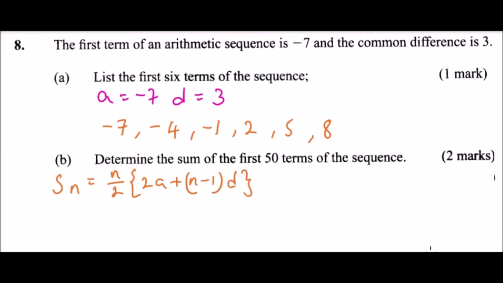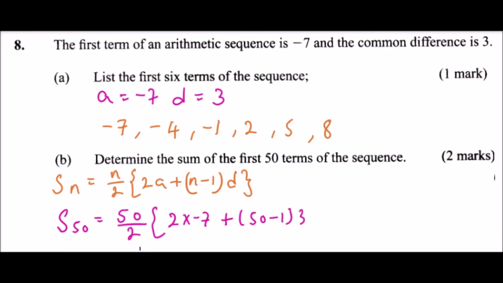Now we want to find the sum of 50, so S50 equals, we substitute 50 for n, divided by 2, open the bracket, 2 multiplied by a, which is minus 7, then we add n minus 1, which is 50 minus 1, multiplied by 3, the common difference.